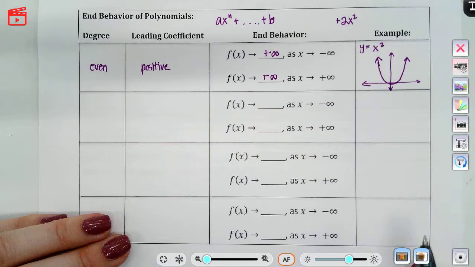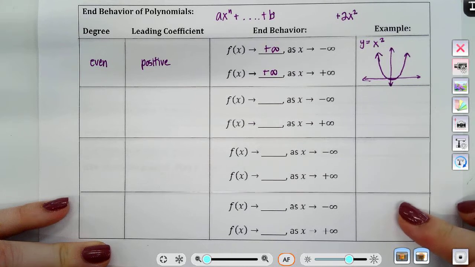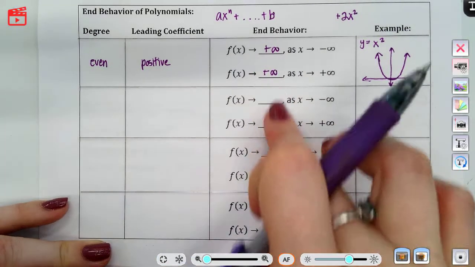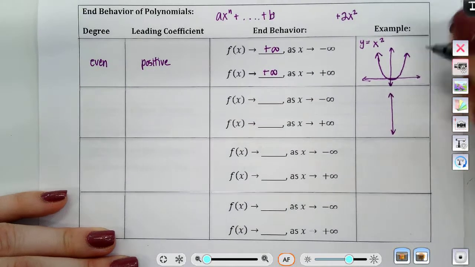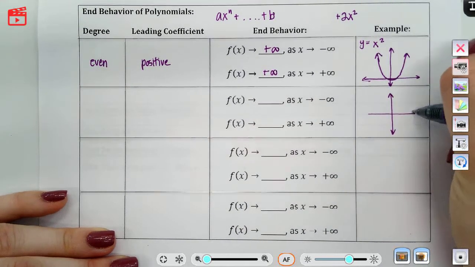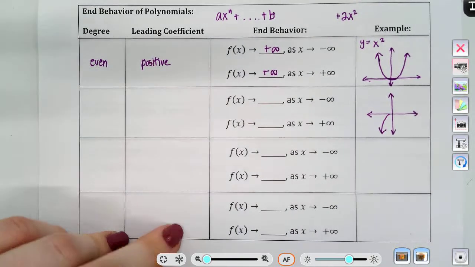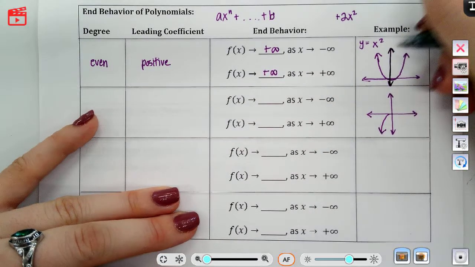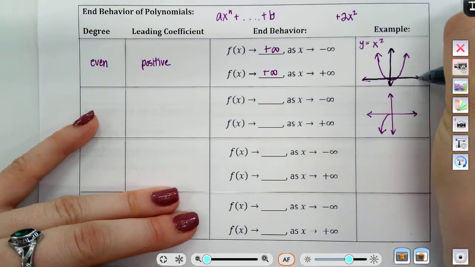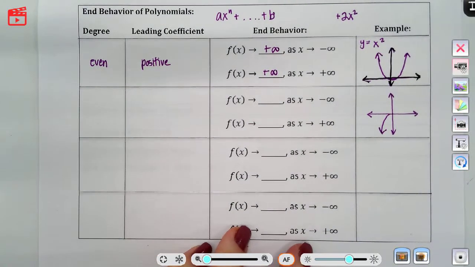I'm going to put the examples alongside the columns here, and then we'll fill in this chart, and finally we'll fill in the end behavior. Let me put in our examples first. I think I want to make the graph part black so you can distinguish the axis from the actual graph.